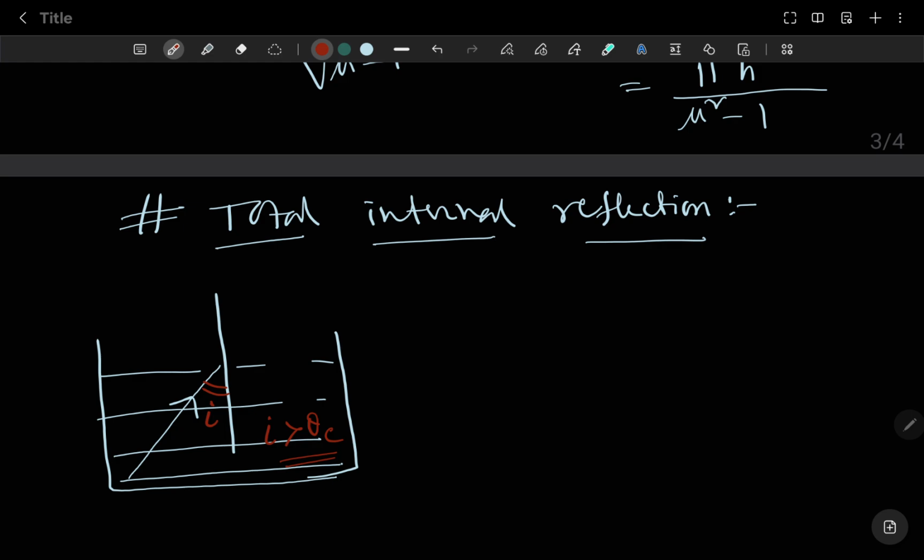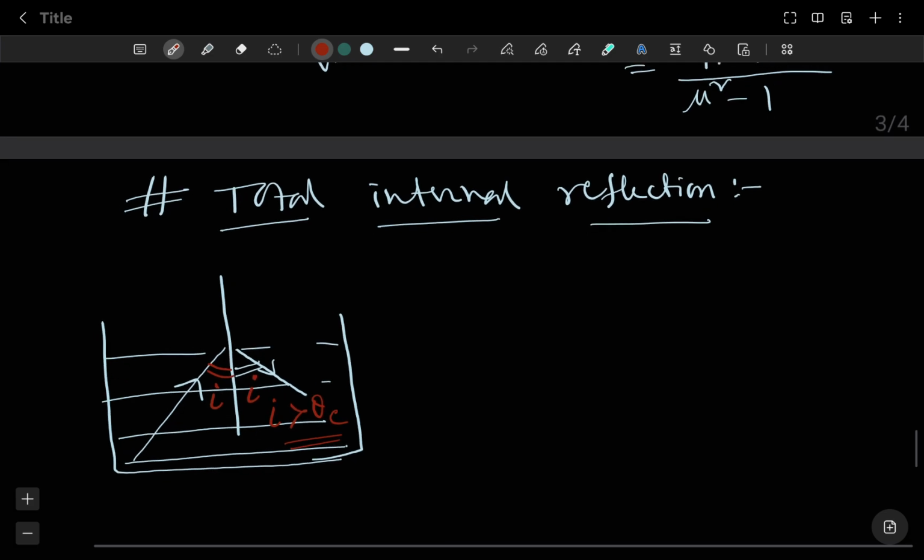So the light ray is reflected back in the denser medium. This angle is the angle of incidence and this one is the angle of reflection. Okay, fine. So here, three words are very important.